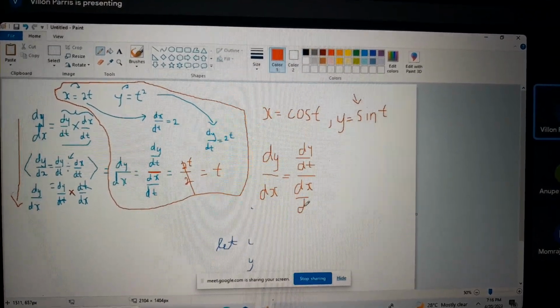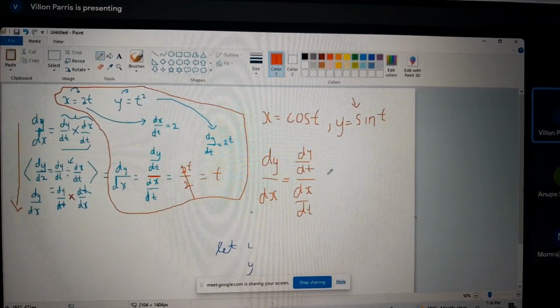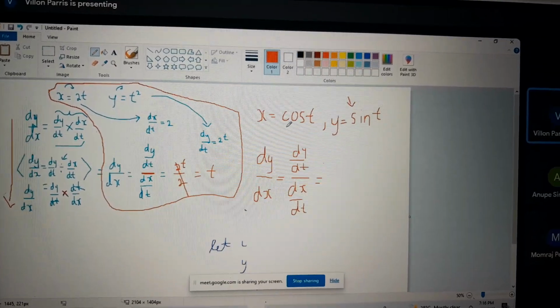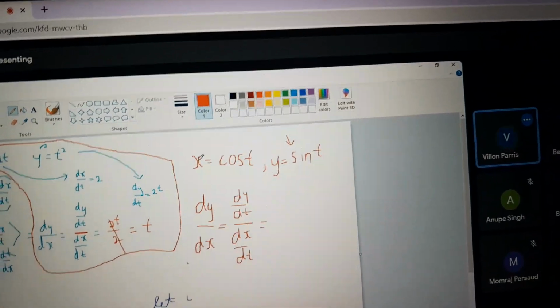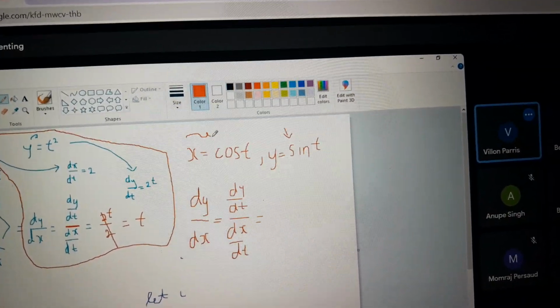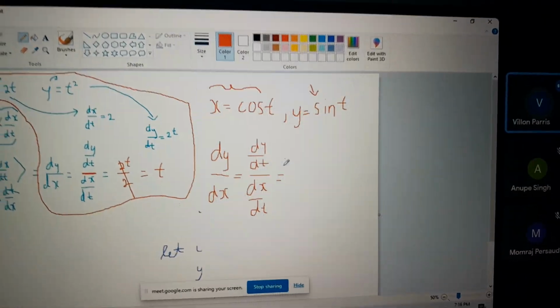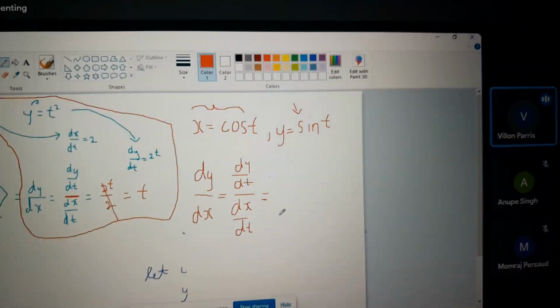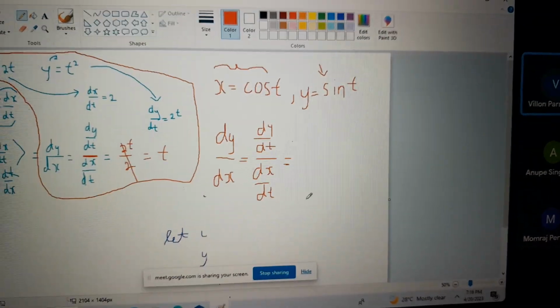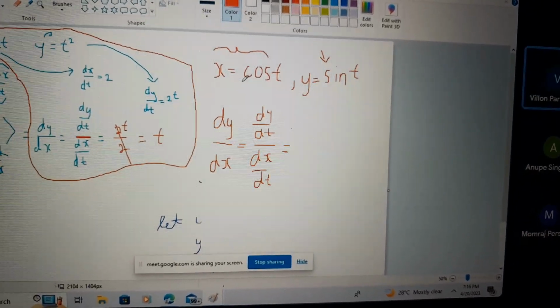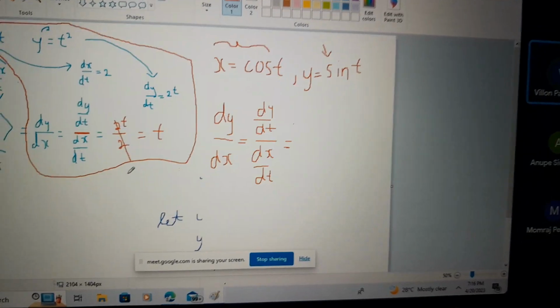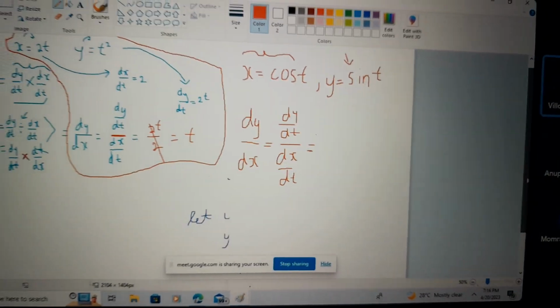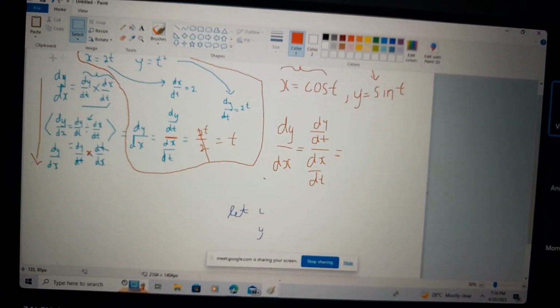Good. So let's talk quickly. What's the derivative of this first function? When we differentiate cos, what will we get? Negative sine. So dx/dt, let me write that down somewhere so that we don't lose it.